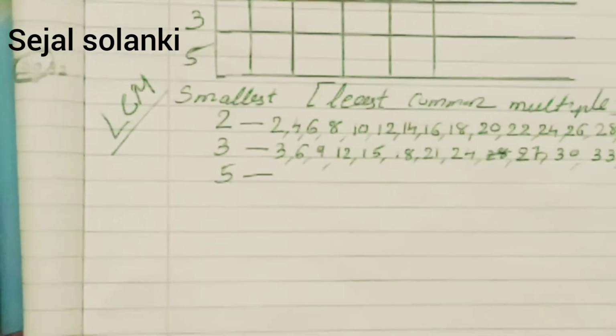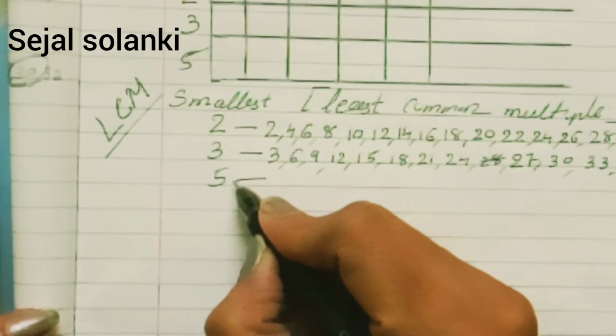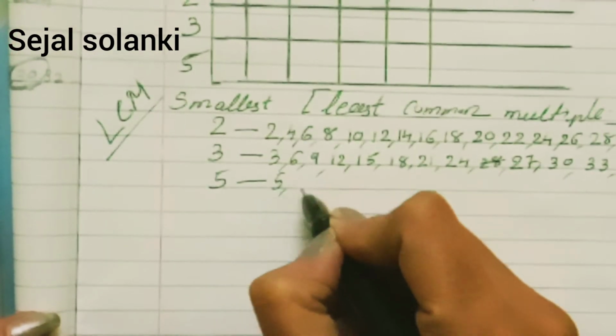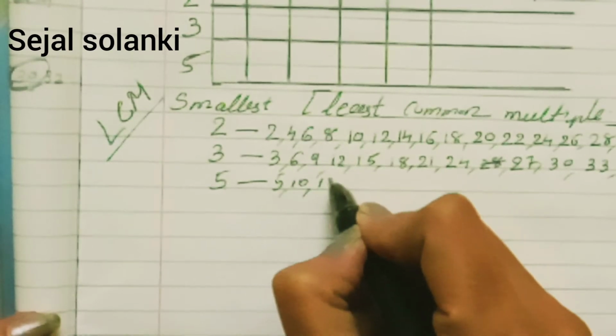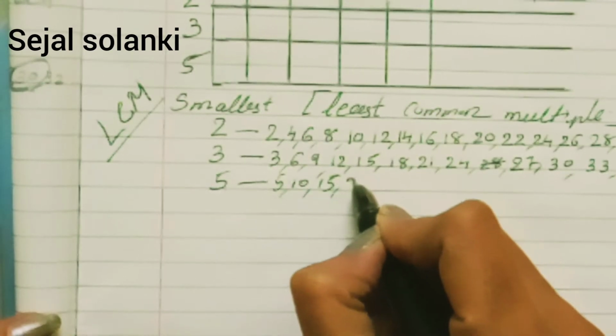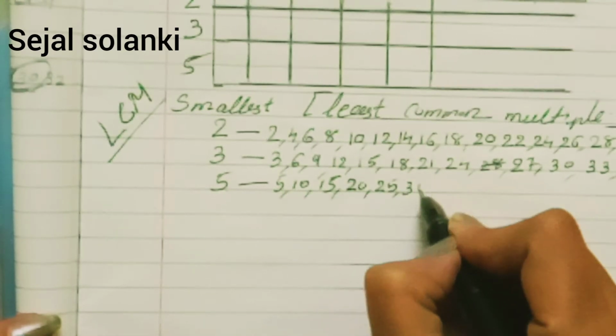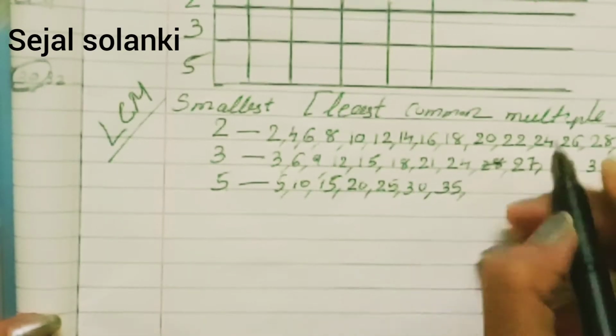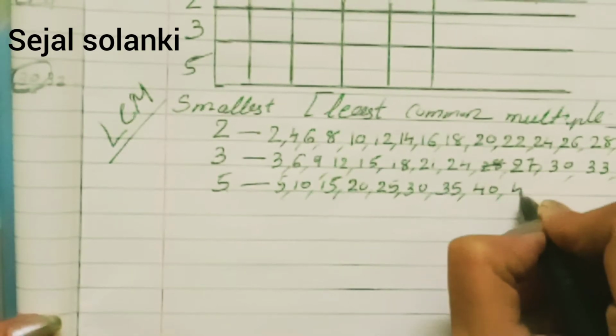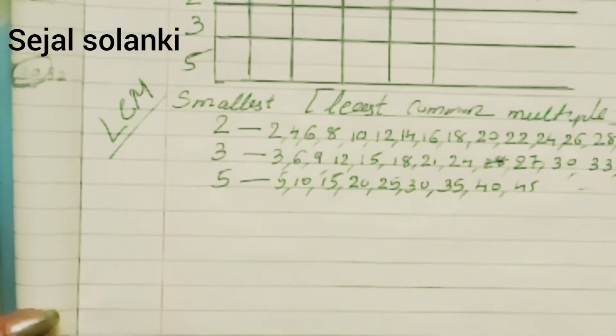And write the multiples of 5. 5, 10, 15, 20, 25, 30, 35, 40, 45 and so on.